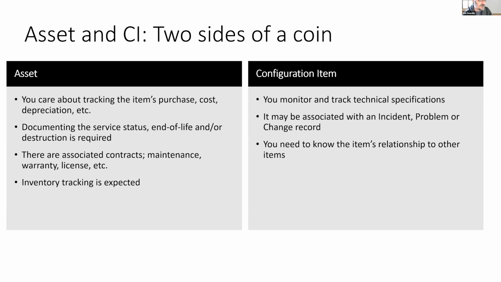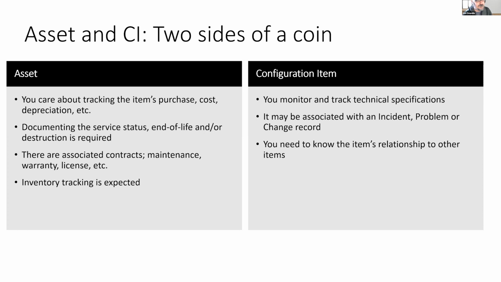Whereas a configuration item is really just a component of your infrastructure that you monitor and track. You track the technical specifications, things like RAM, operating system, configuration files. This is the one that would be associated with, say, an incident, a problem, or a change.